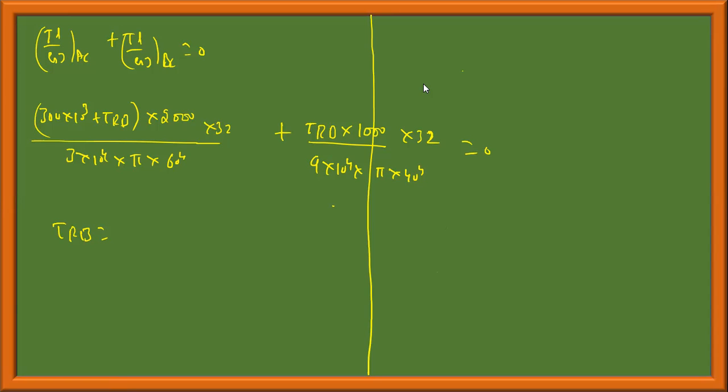300 into 10 power 3 plus TRB into 2000 into 32 by 3 into 10 power 4 into pi into 60 power 4, plus TRB into 1000 into 32 by 9 into 10 power 4 into pi into 40 power 4. How much? Sugun, others? Minus 162.54. Minus 162,711.864.